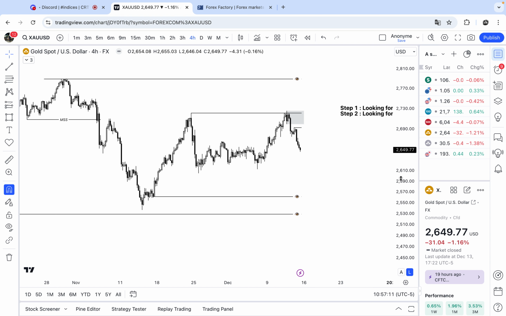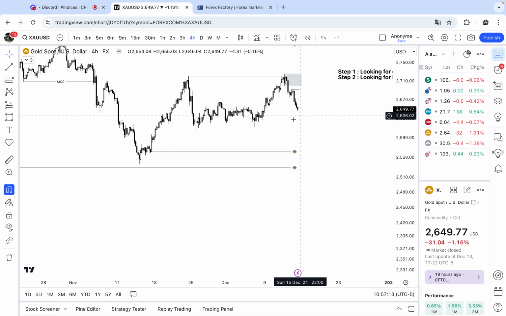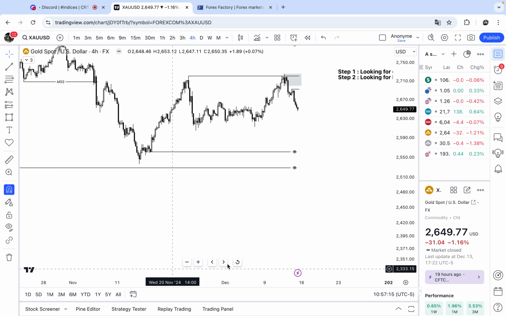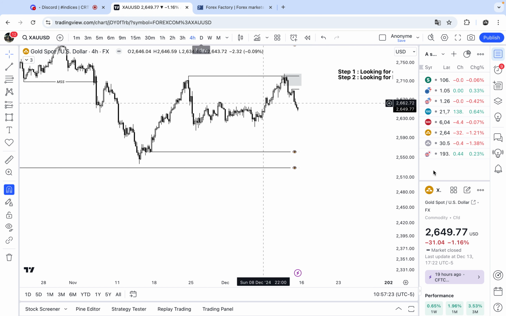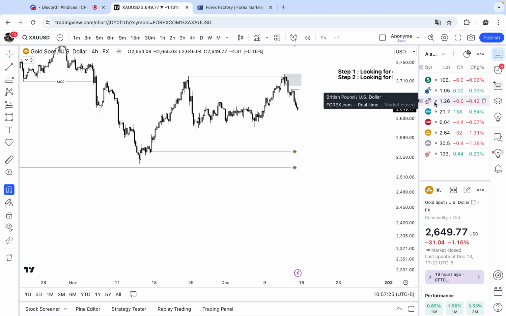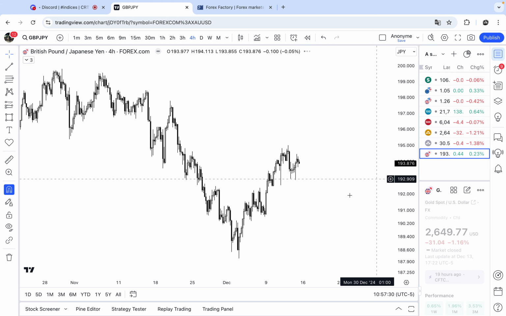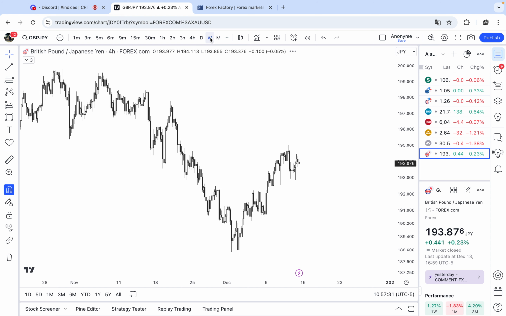But if, for example, the weekly key levels were way down here, it's too far, and that's when I'm looking for daily key levels.